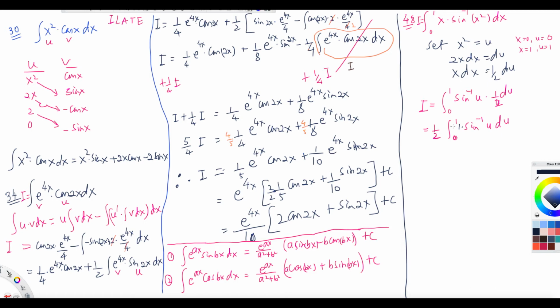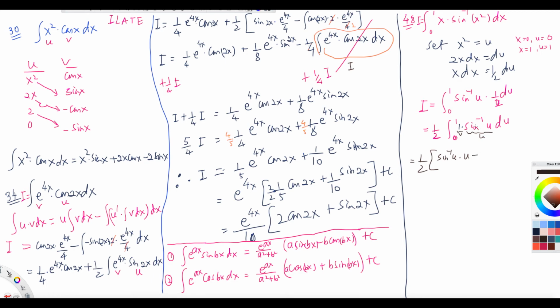Inverse should be u, so this should be the u function. You see that? This is the u function, and 1 should be v, right? Now let us use the formula. 1/2 is outside the bracket, so u times integral of v: sine inverse u times integral of 1, which is also u, because v is 1, integral of 1 is u, minus the integral of the derivative of that.